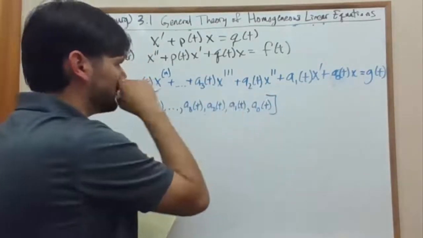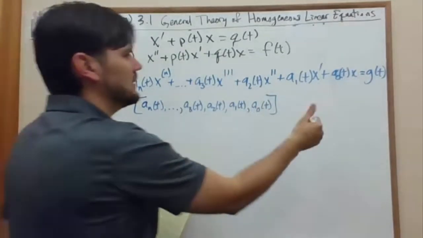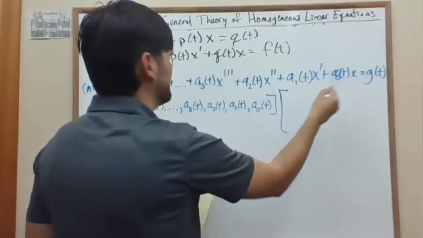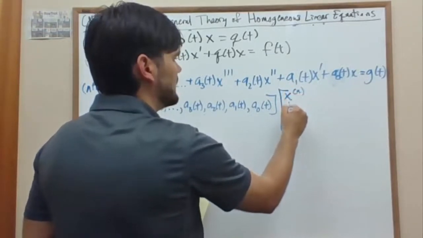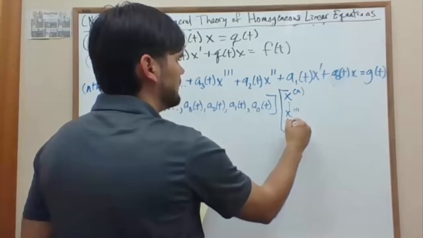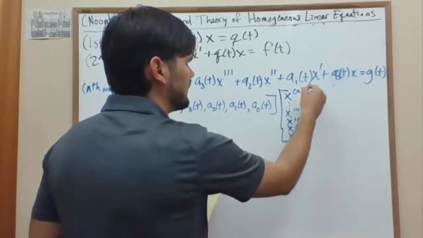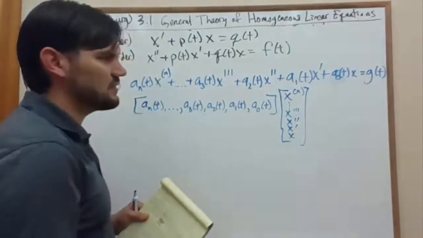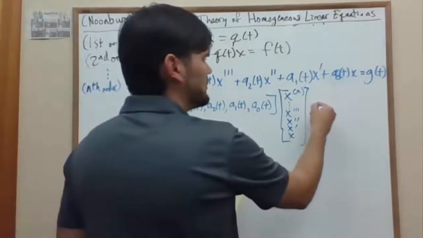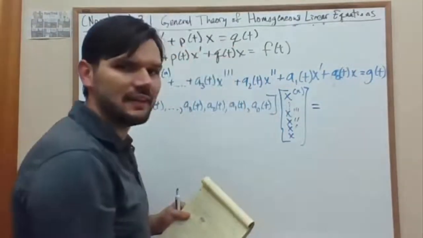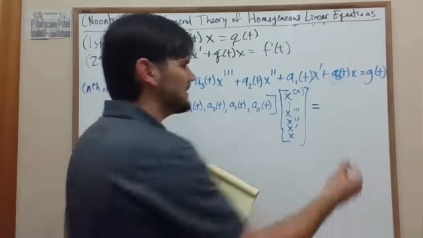That's our 1 by n plus 1 matrix. And then we multiply by the nth derivative on down to the third derivative, second derivative, first derivative, and then the zeroth derivative or function. That gives us a dot product of these two vectors, which yield a single scalar, but in our differential equation world, that is not a number, that's a function.